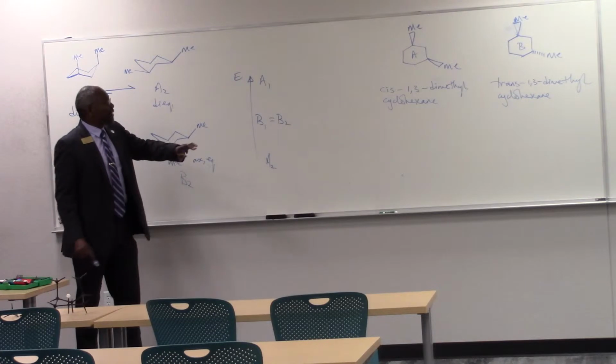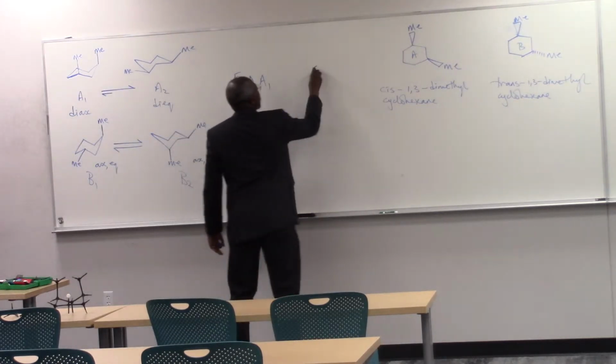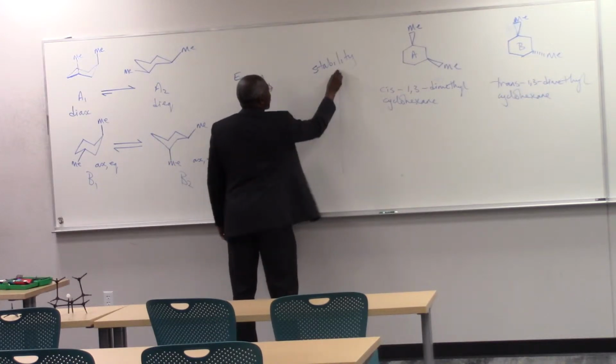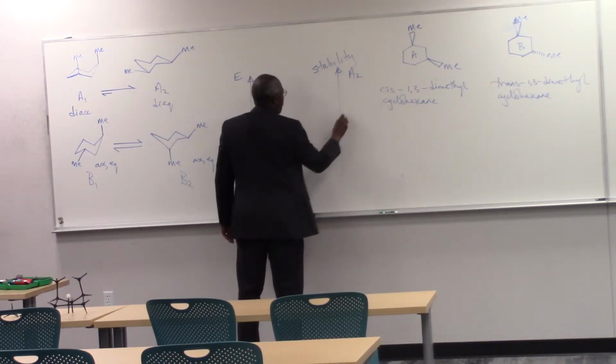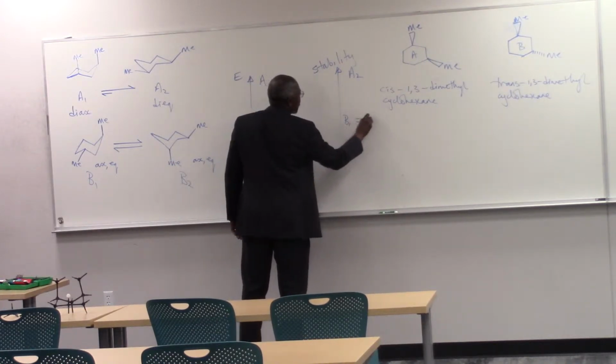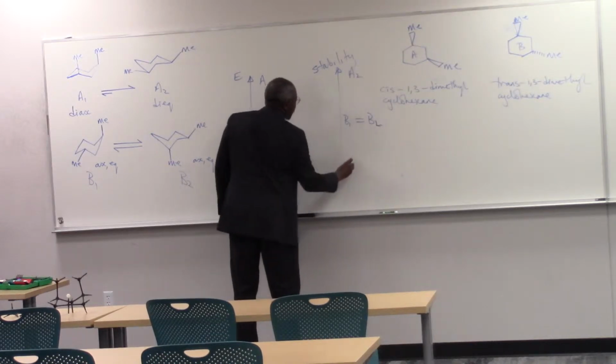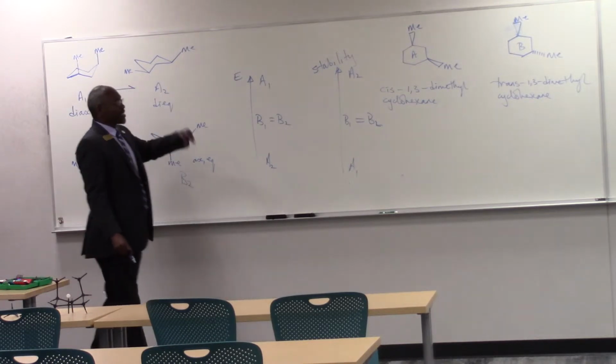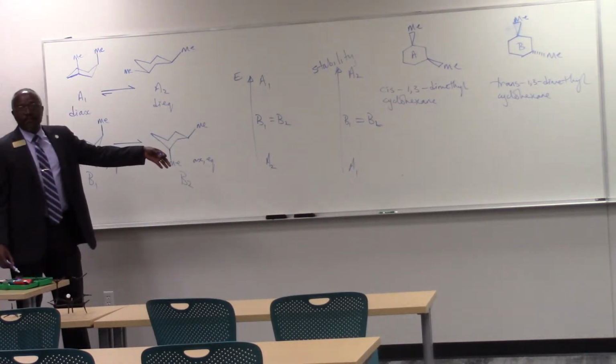And of course, if I asked you for stability, then it would be exactly the opposite, right? A2 would be at the top, B1 and B2 would be in the middle, and then A1 would be the least stable. So that's the typical form that these will take.